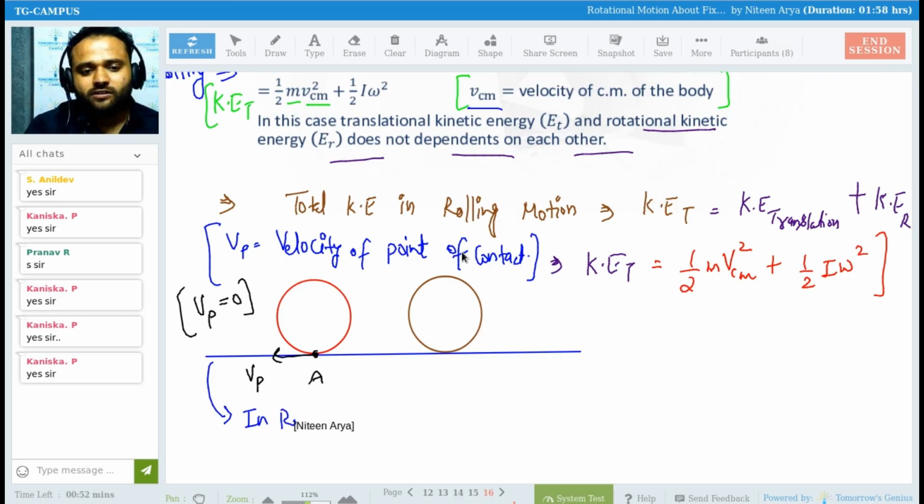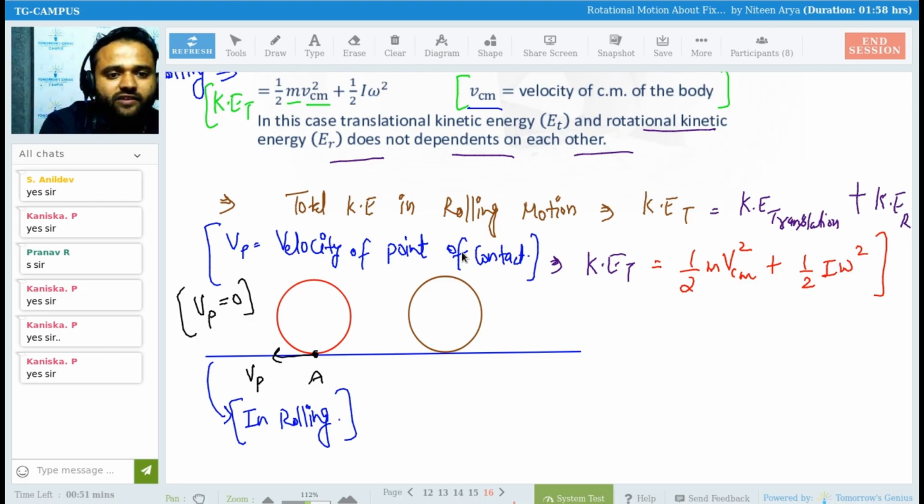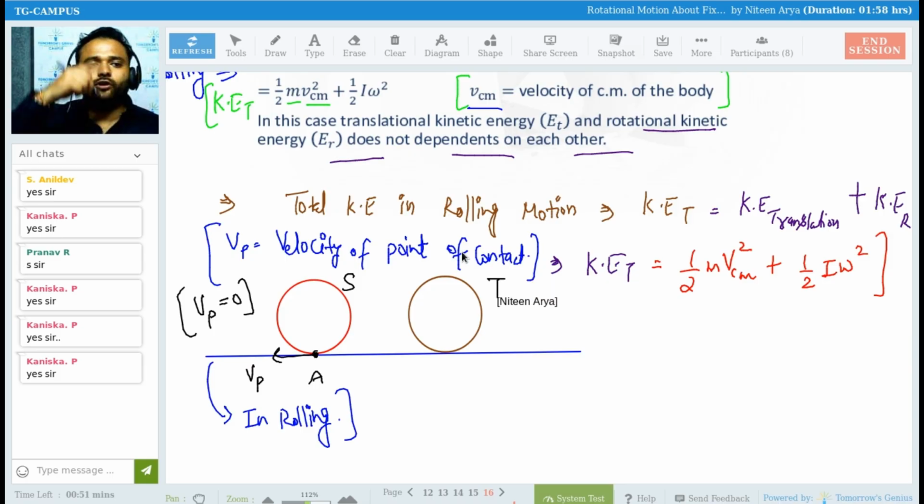If it is not, then they are going to slip. Whenever a bike or any automobile gets stuck in mud or on a slippery surface, the wheel is not going to move ahead from this particular position S to this particular position T. It is going to spin in one position.